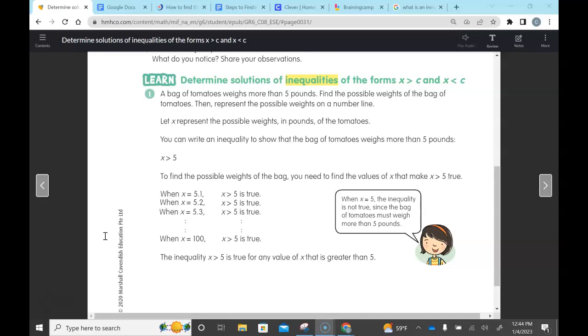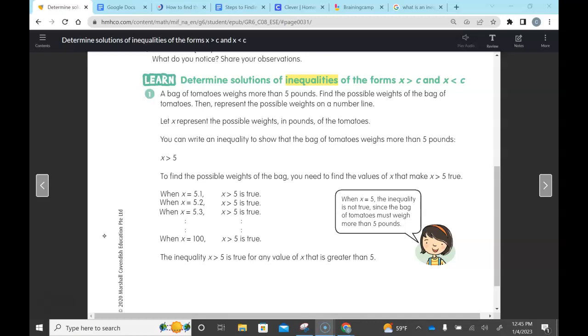Okay, so for examples of this, when x equals 5.1, that would be true. When x equals 5.2, x greater than 5 would be true. When x equals 5.3, x greater than 5 is true as well. Now we can keep on going. Basically, any number that would be greater than 5 would make this inequality true. We don't know what it is.